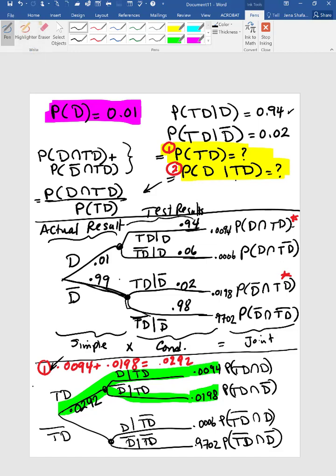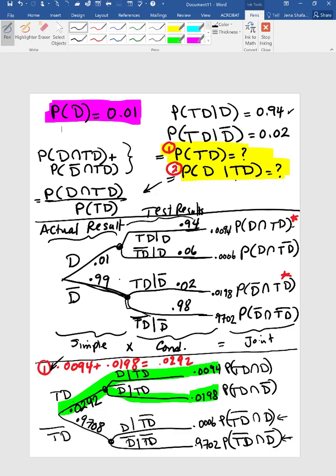The difference between that and 1 is going to be 0.9708, because these two probabilities must add up to 1. Or if I sum up this number and this number, it will add up to 0.9708.